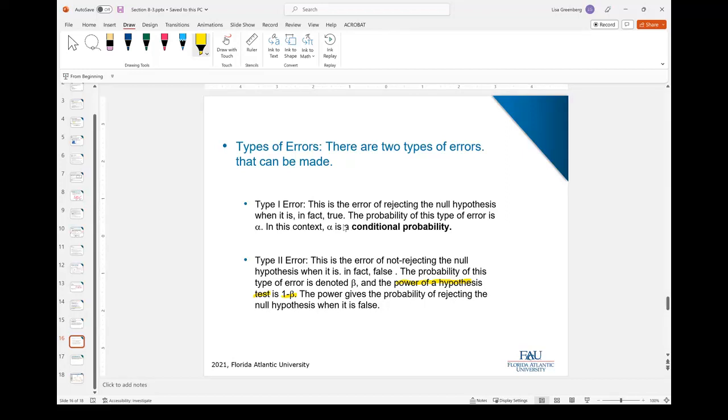The power gives the probability of rejecting the null hypothesis when it is false. Okay, so if the null hypothesis is false and we reject it, that means we're going to go for the alternate hypothesis. So that is called the power.